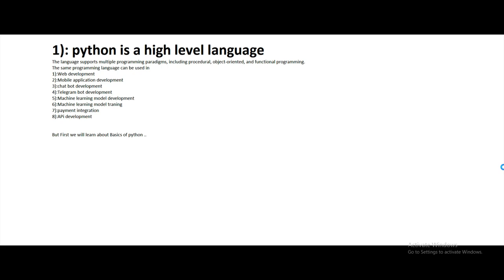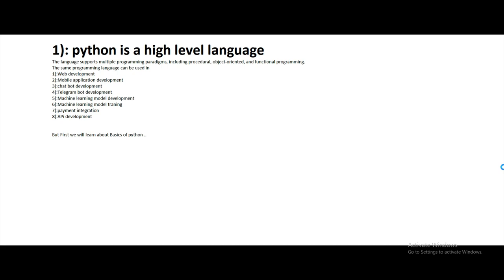The language supports multiple paradigms including procedural, object oriented and functional programming. You can do object oriented programming in Python, and also you can do functional programming. Most of the time, Python frameworks support functional programming rather than object oriented programming.